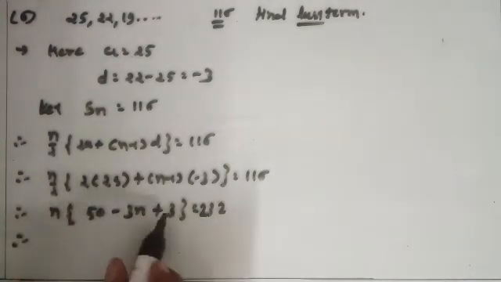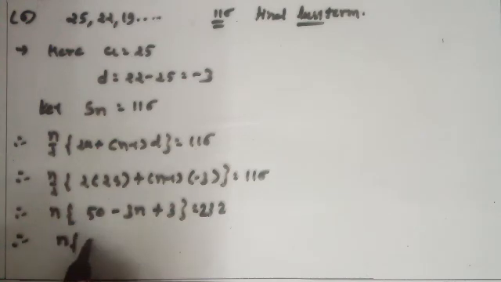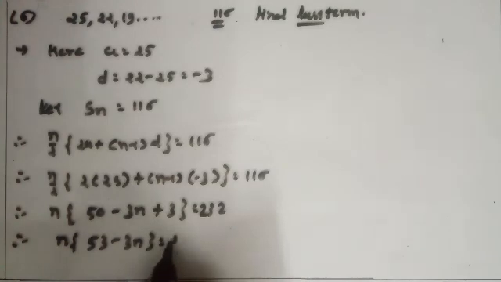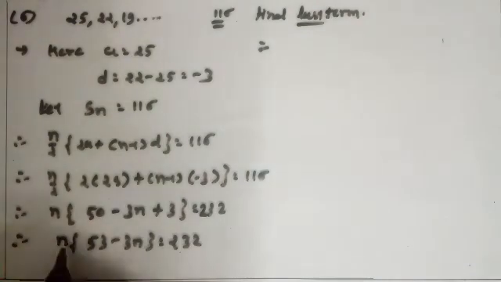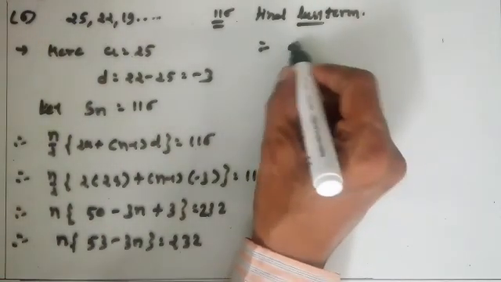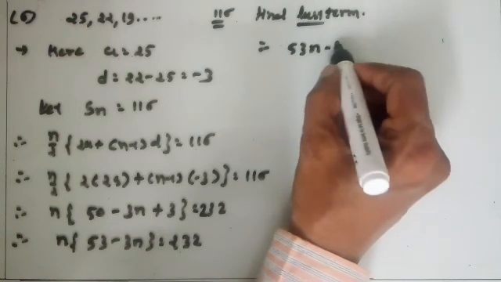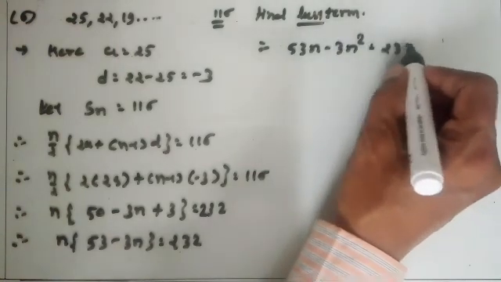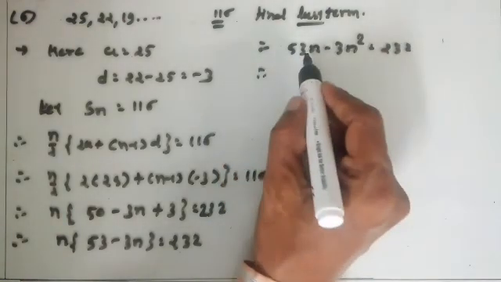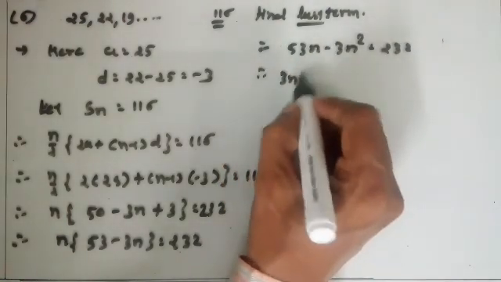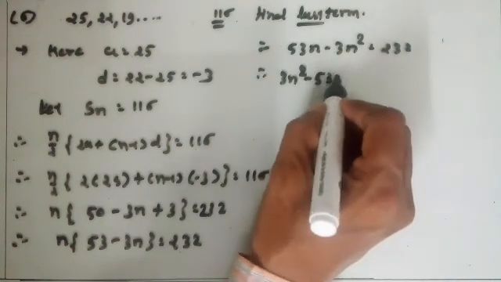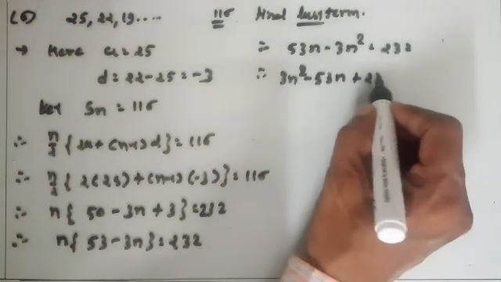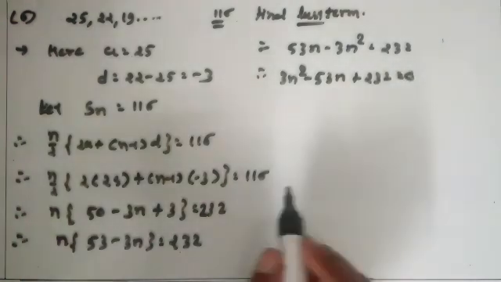Here 50 plus 3 becomes 53 minus 3n is equal to 232. Therefore n taken inside, we get 53n minus 3n square is equal to 232. Therefore all terms taken to this side, we get 3n square minus 53n plus 232 is equal to 0.